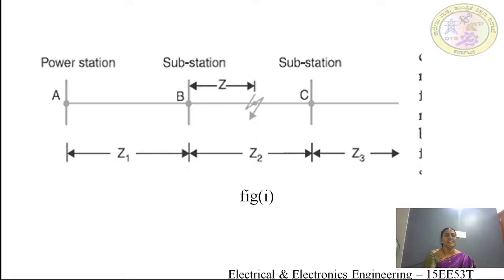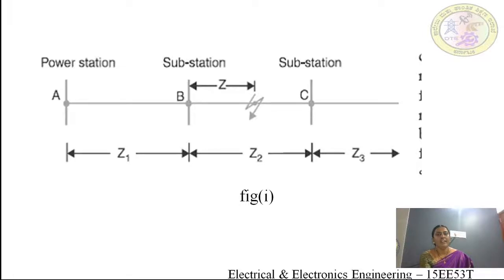Now let us see a transmission line in which the power flows from left to right. Here there are relays at A, B, C. Those relays will operate for the impedances Z1, Z2 and Z3 respectively.